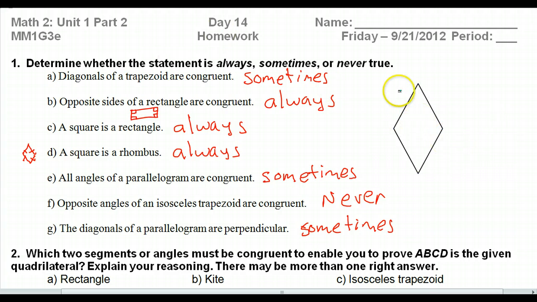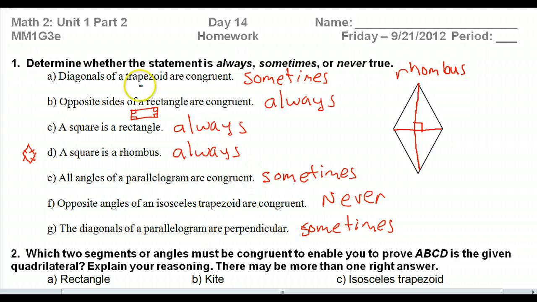A rhombus, like this one, is a rhombus. A rhombus and a kite both have the property that the diagonals are perpendicular. So the diagonals of a rhombus are definitely perpendicular. And a rhombus is a special kind of parallelogram.